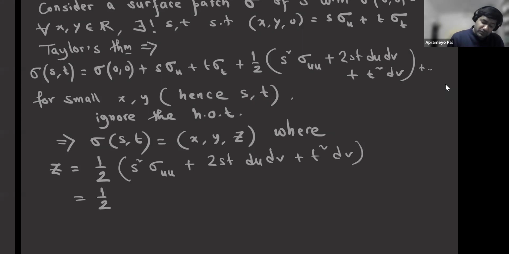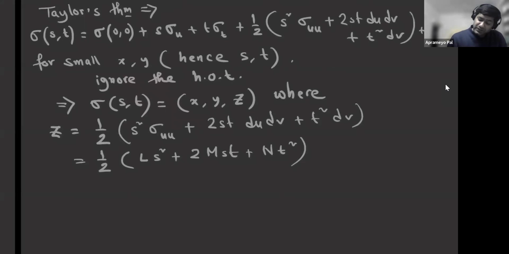Now you can think of this as half of (L s square plus 2M st plus N t square). This is the definition of the second fundamental form, so this is given by the second fundamental form.